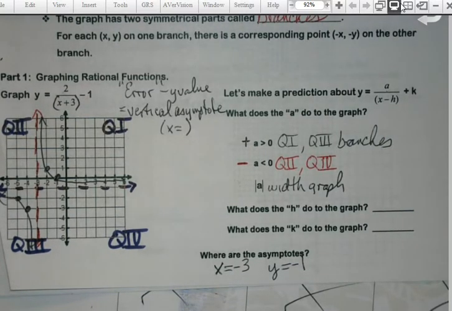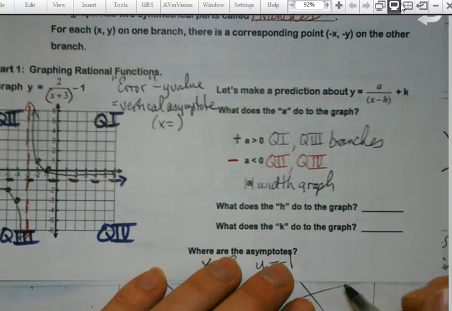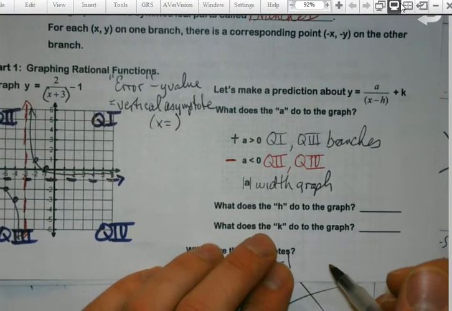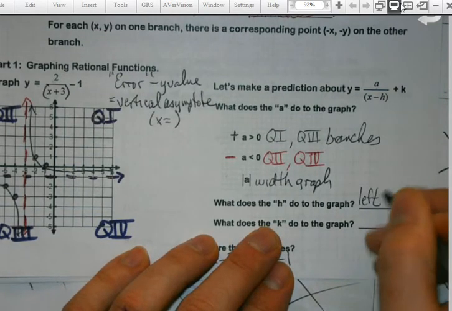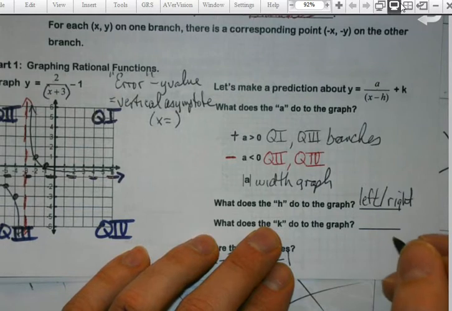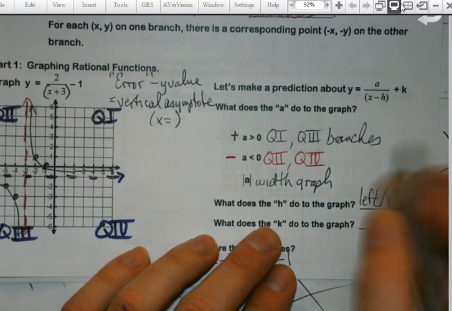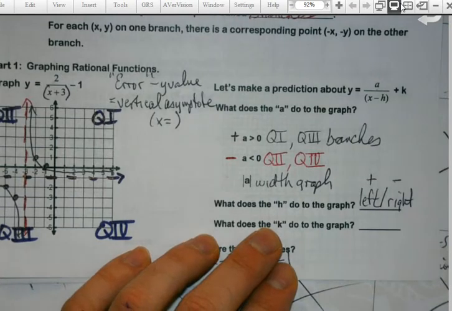And then we already talked about the shifts up above, but we'll just kind of make note of them here again. The H value, again, is my left and right shift. Again, left if it's plus, right if it's minus.